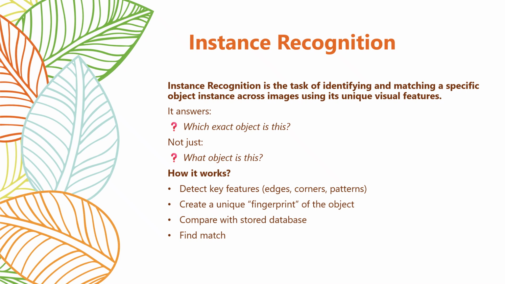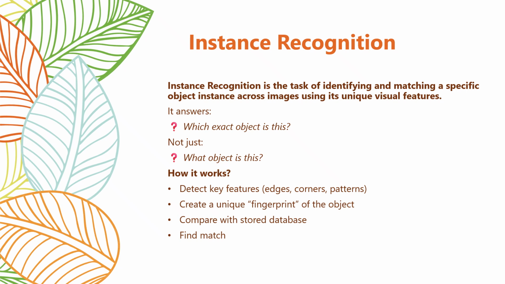Image classification may say that a dog is there, but object detection will say that there are three dogs in this image with their positions also. But instance recognition can say that this is my dog Bruno, like the dog's identity. What is the dog's name? So instead of identifying only the class, it identifies the unique identity of the object.